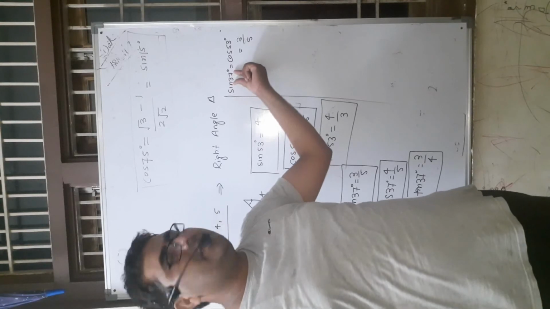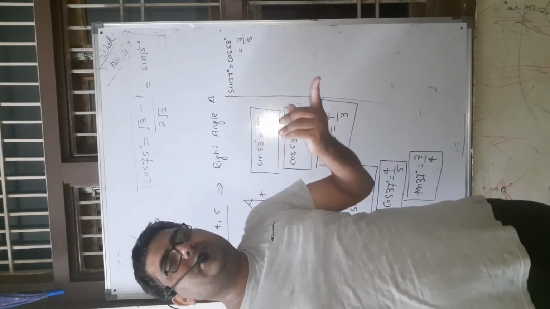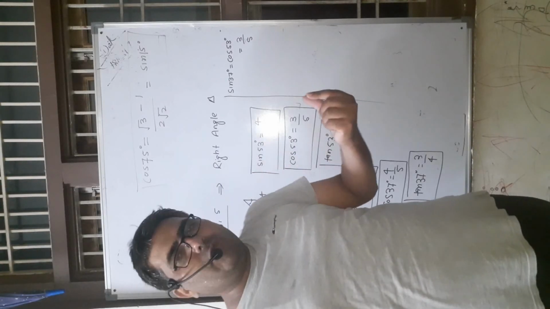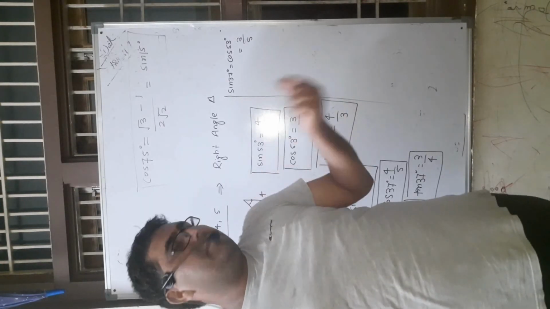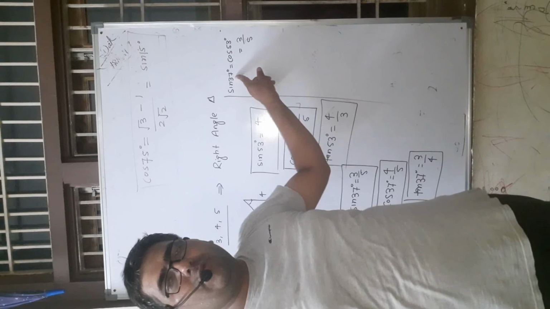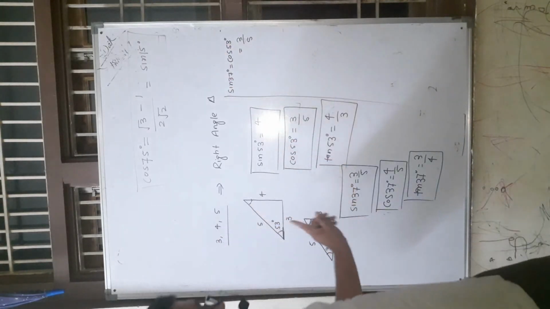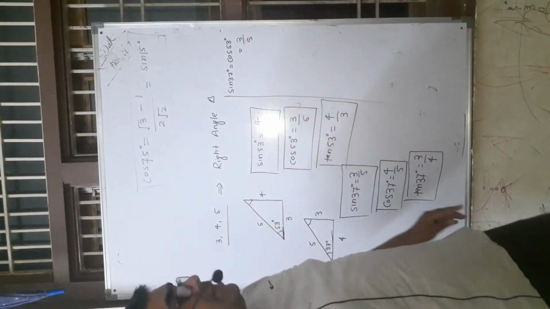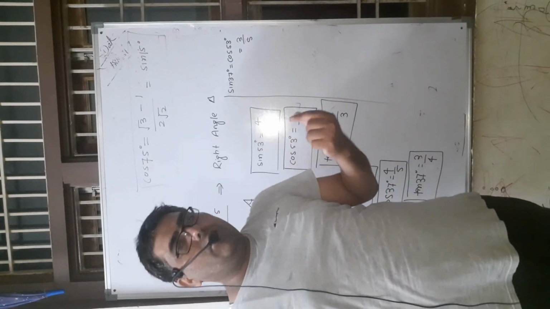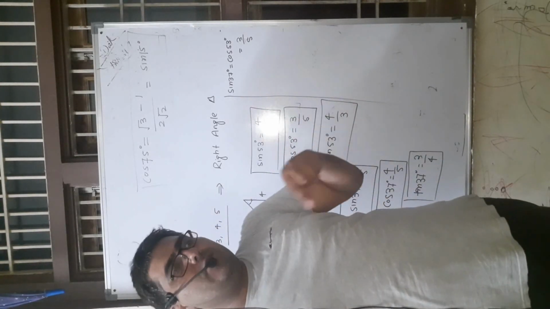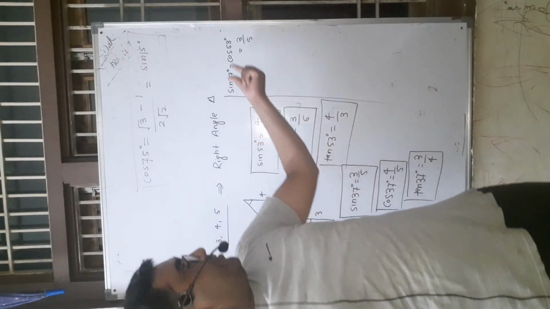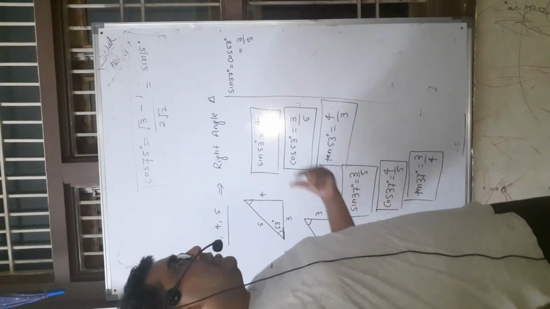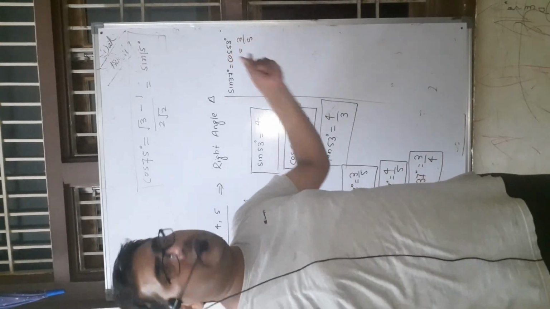Sine 37 degree, there are two values, one is 3/5 and second is 4/5. If the angle is smaller in sine, then the value will be smaller. So sine 37 is smaller as compared to 53 degree, so for sine 37 degree the smaller value is 3/5. As we know, in cos larger the angle, smaller the value. Cos 53 degree is a larger angle as compared to 37 degree, so larger the angle, smaller the value, 3/5.